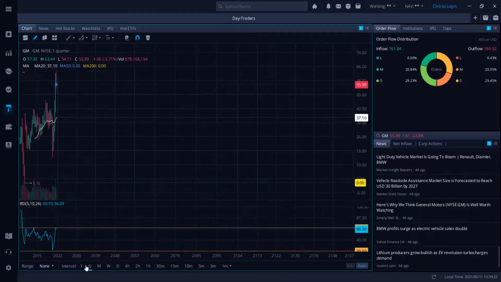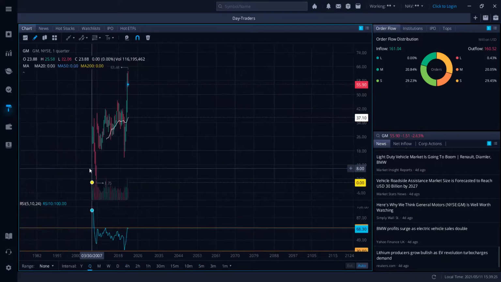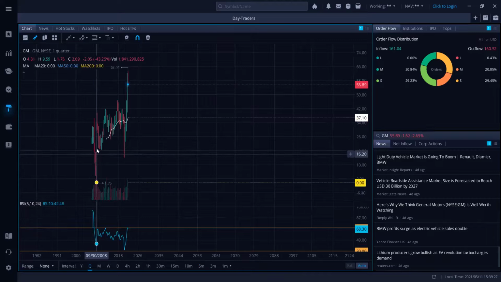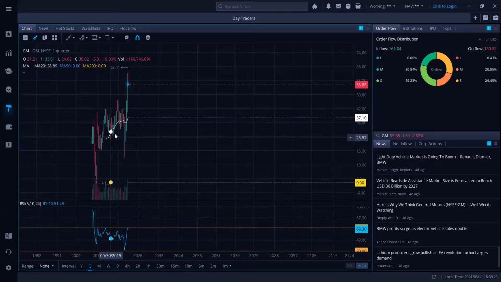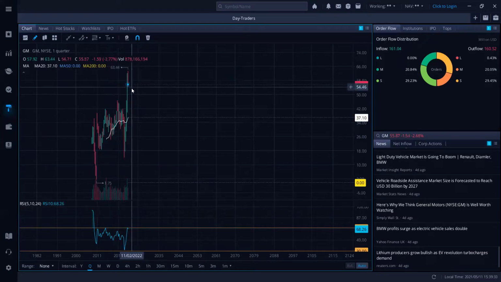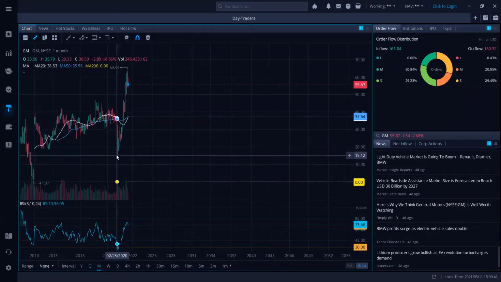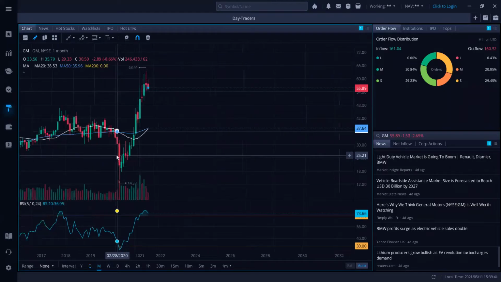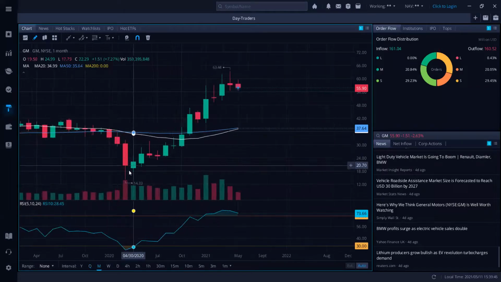So from a year to year standpoint, although people think GM has been performing terribly, it's not. It's volatile in these areas here, but we've got a signal of an upward trend from a quarter to quarter standpoint. From a month to month, they've really been picking up, as you can see.